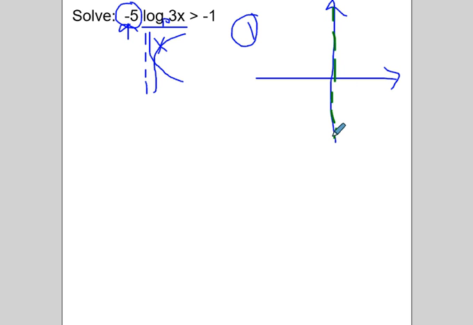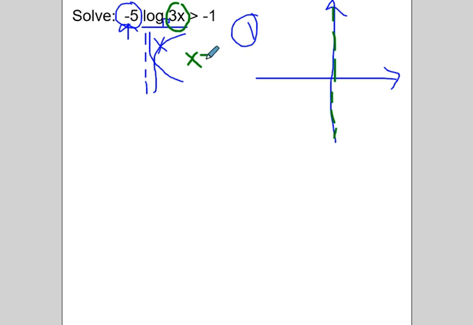Now you need to find some point to help you sketch. You know that log of 1 is 0. So you can think about here, what would I need to make this equal to 1?